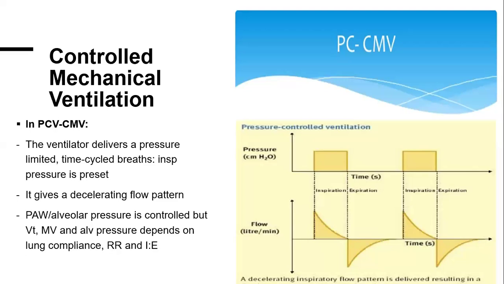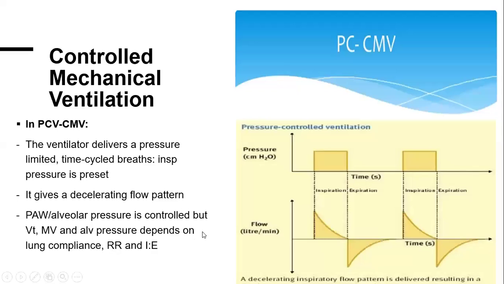For patients that have low compliance, the pressure needed to achieve the tidal volume may be higher. So the peak airway pressure or the alveolar pressure in this patient is what is controlled, but the tidal volume and every other parameter depends on the lung compliance and the respiratory rate.